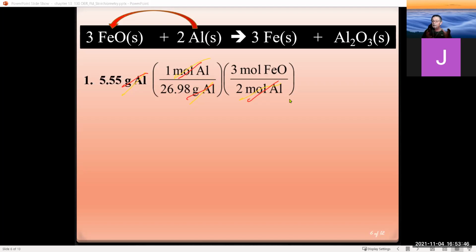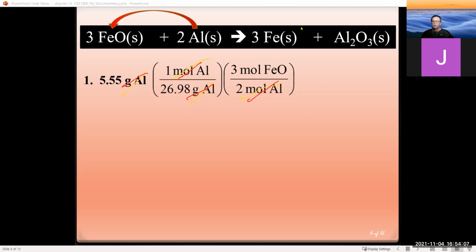And that's basically what we're doing here, because aluminum and iron two oxide are completely different compounds, okay? But I'm able to relate the quantity of each other because of the unit of mole and the balanced chemical reaction. Now we're at moles of iron two oxide, but the question has to be grams.